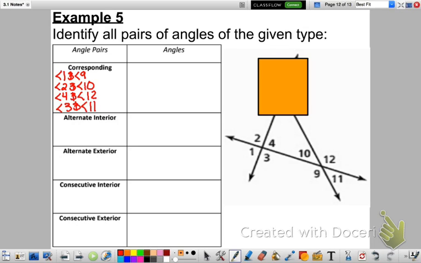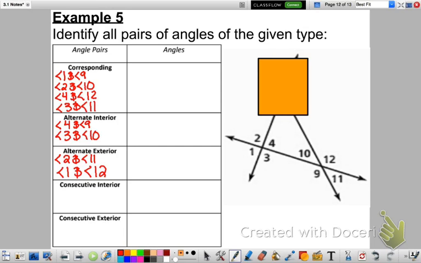Alternate interior. We're going to be on this inside on opposite sides. So 4 and 9, and then 3 and 10. Alternate exterior would be 2 and 11, and 1 and 12.